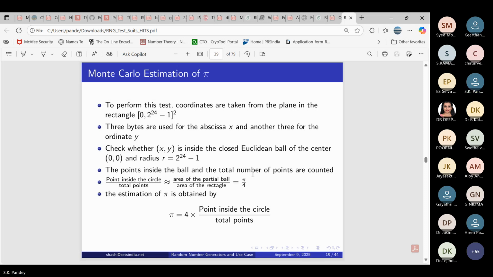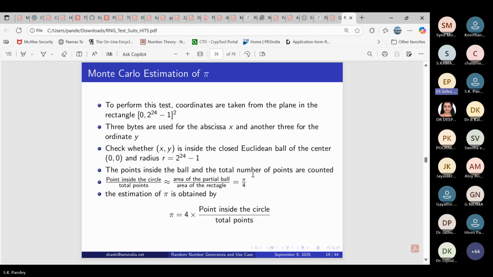So choose the random points and locate them in the Cartesian plane. You will do it exhaustively for whatever numbers you generated. Ultimately, the first quadrant of the XY plane is basically a quarter of a circle.